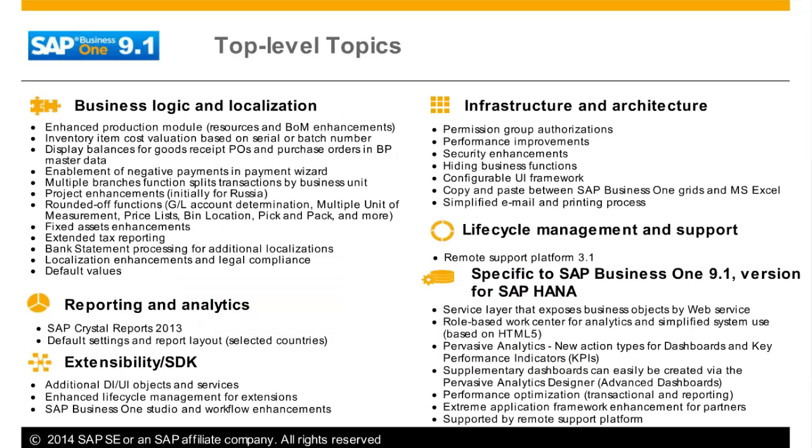This slide summarizes the enhancements grouped by business logic and localization, reporting and analysis, extensibility and SDK enhancements, infrastructure and architecture, lifecycle management and support, as well as specific enhancements for SAP Business One 9.1 version for SAP HANA.